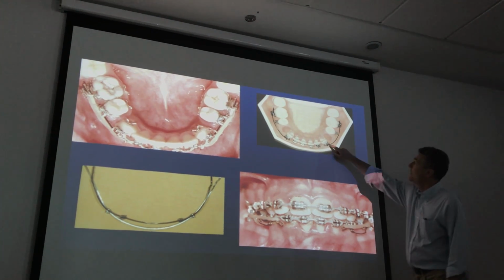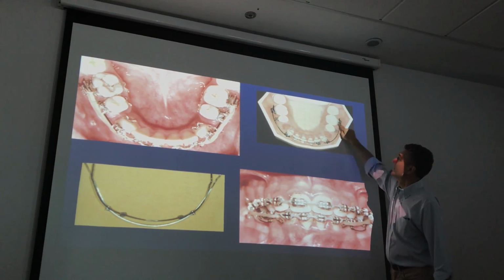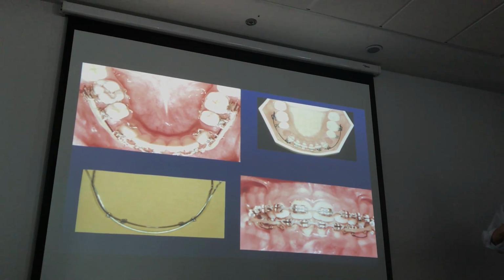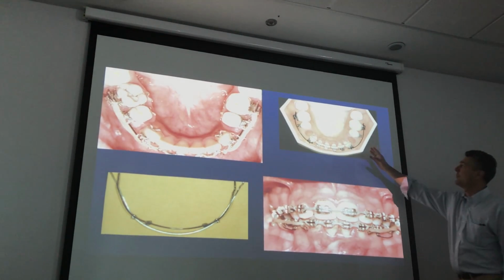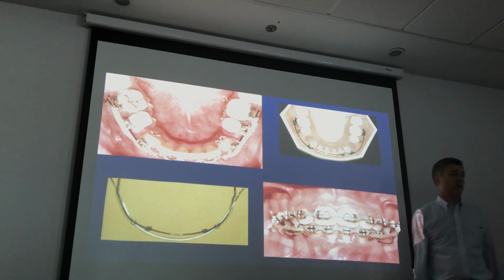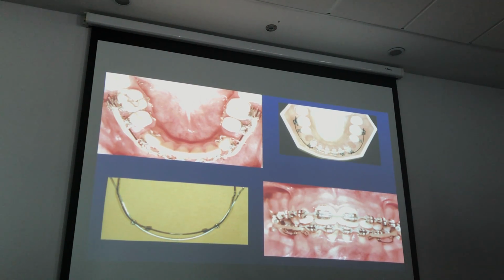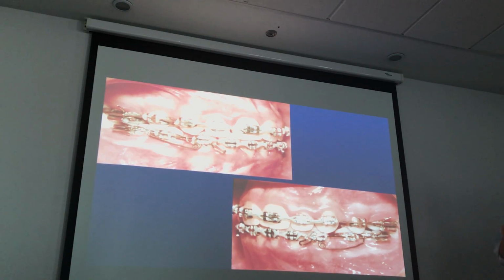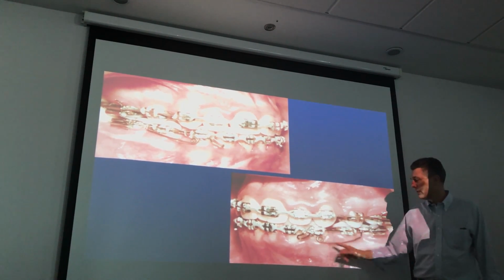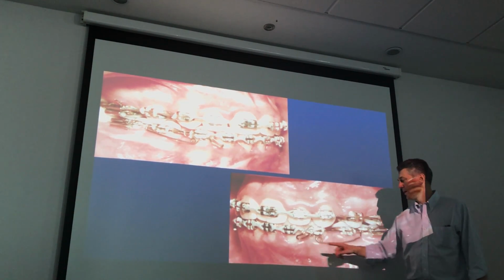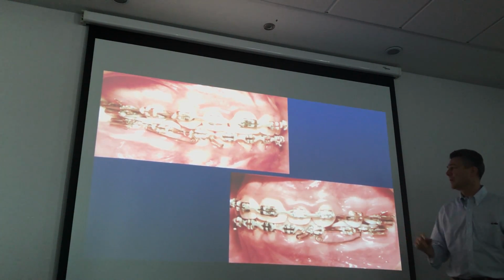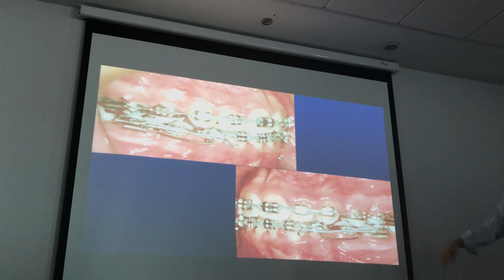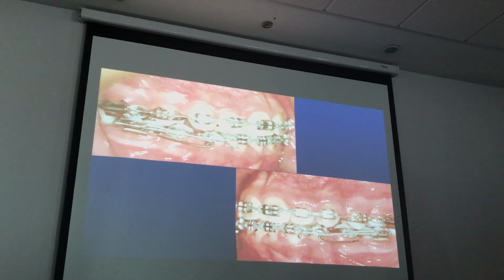This has to be expanded. When we want to use 300 grams of force, we cannot maintain the correct arch form, because otherwise they are going to collapse inside. Torque, upright springs, class 1 force, and you go and close the space.